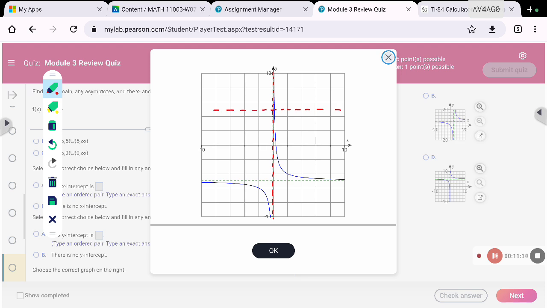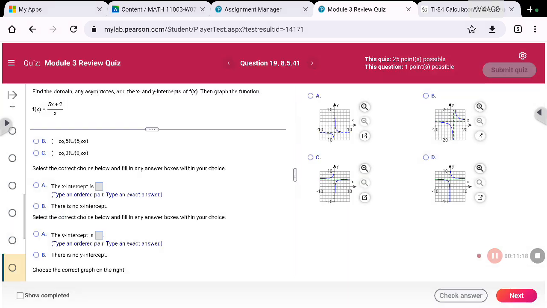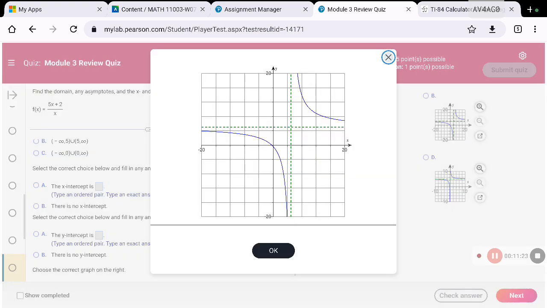So that's why it can't be A. Let's look at B. Look at your vertical asymptote. Where should it be? The x equals 0 is actually a vertical asymptote on the y-axis. It should be on the y-axis, so it can't be B.